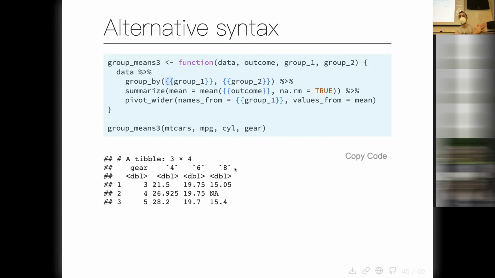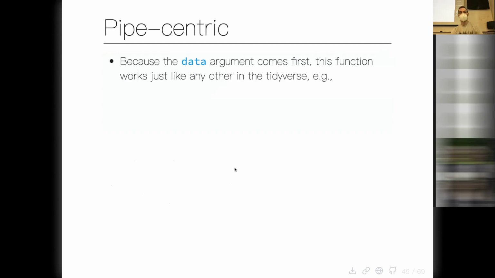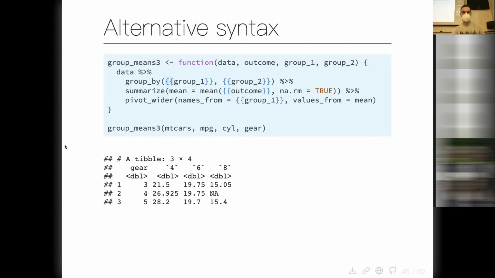But I've included the other slides and the other discussion around that so that hopefully you have a conceptual idea of what's actually happening. And this will not get you out of every single problem that you will have. All right, so this works, as we can see down here, group means 3, right?